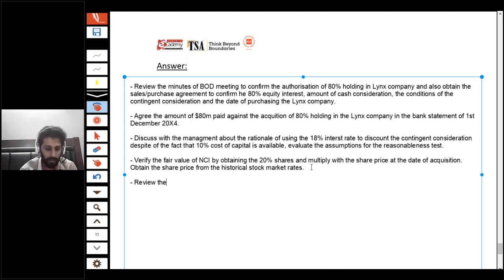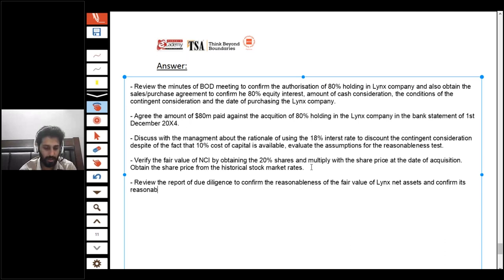So review the report of due diligence to confirm the reasonableness of the fair value of Links net assets and confirm its reasonableness by ensuring that fair value is in line with IFRS 13.